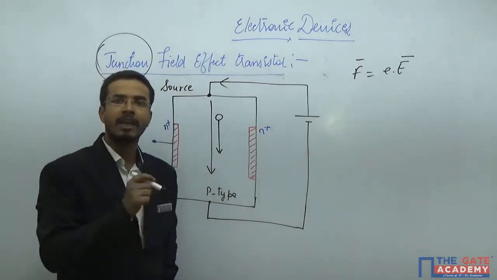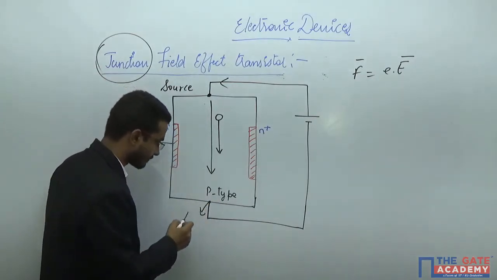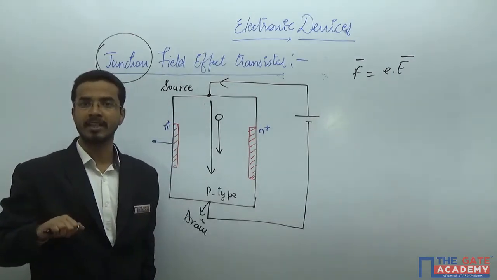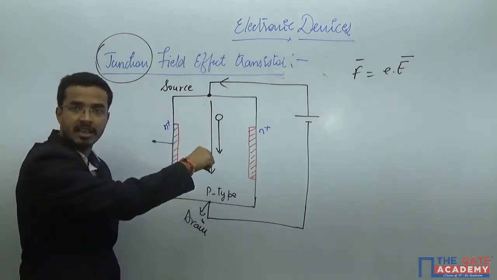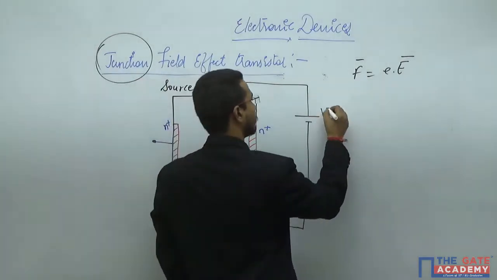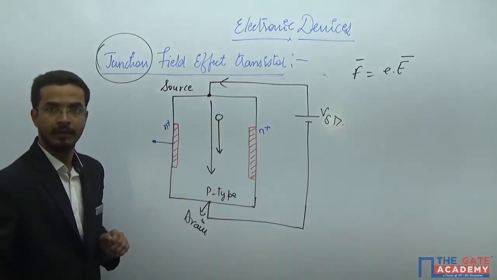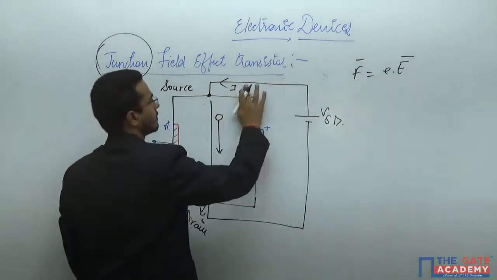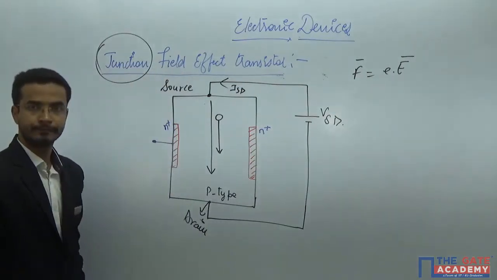The terminal which takes out all the majority charge carriers from the device is known as the drain. So this voltage is known as VSD, the source to drain voltage, and this is the drain current ID, or more specifically ISD, the source to drain current.